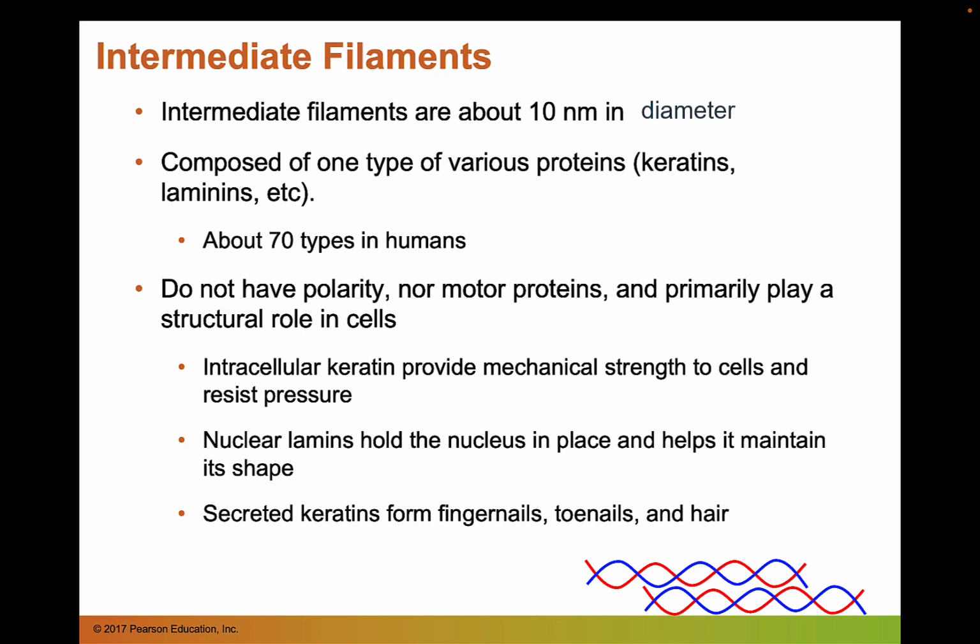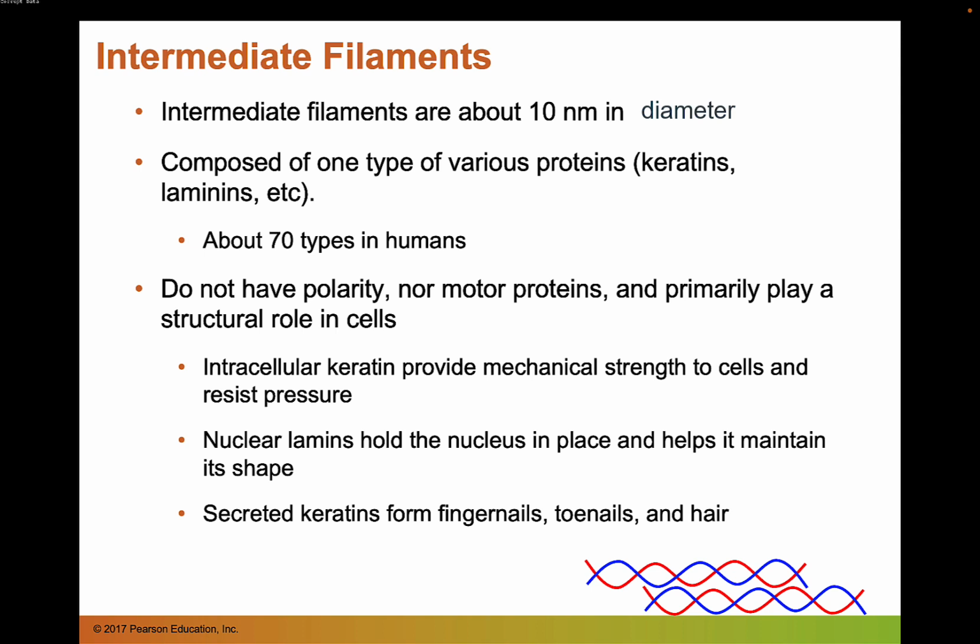The next group of proteins I want to talk about are intermediate filaments. These are about 10 nanometers in diameter, and they're composed of various types of proteins. So actin's always made up of actin, but an intermediate filament can be made from something like keratin or lamins, okay?